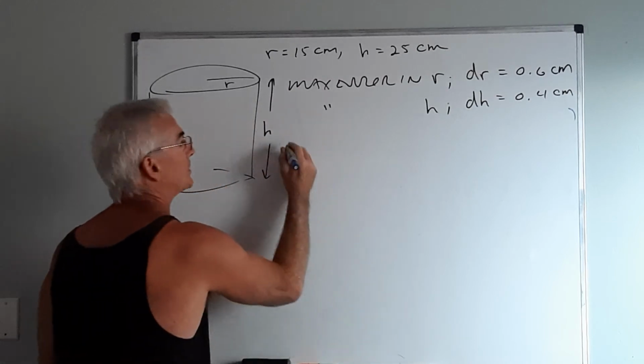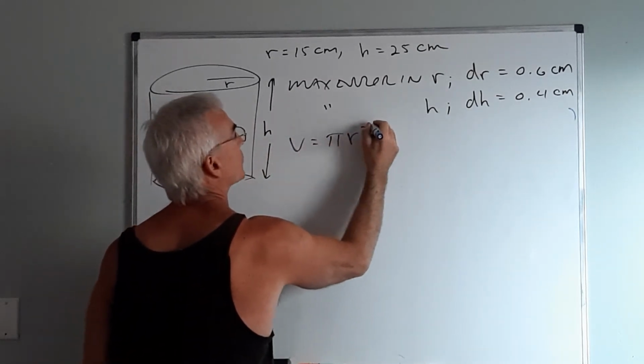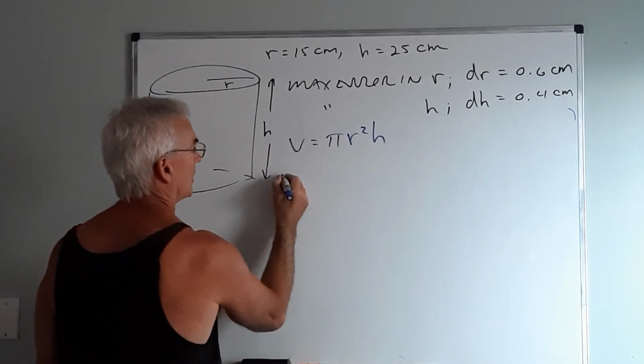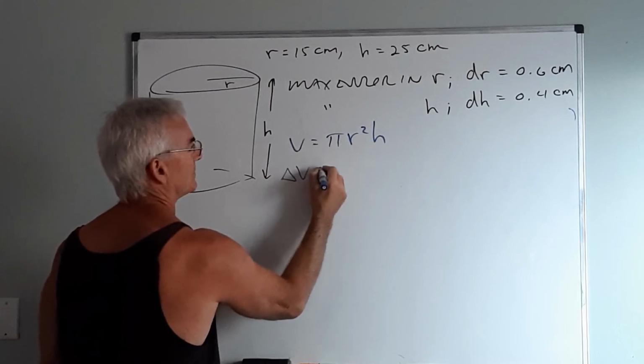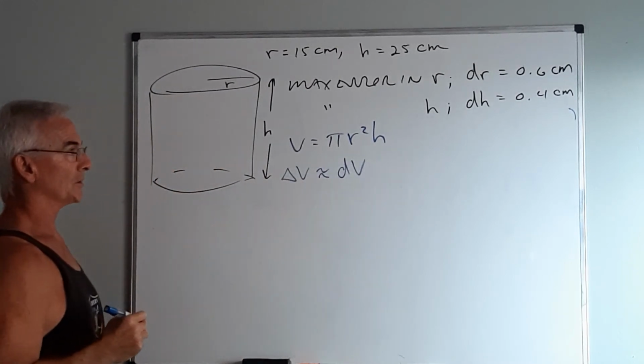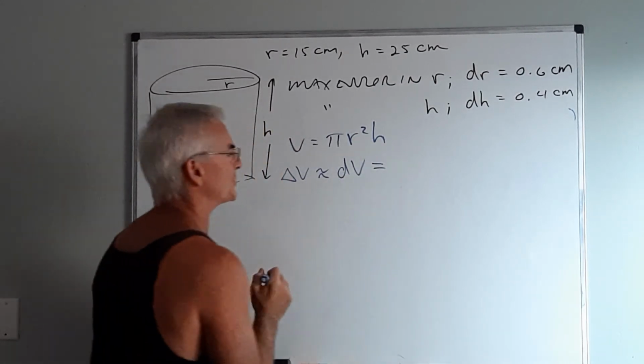Now we know the volume of the circular cylinder is simply pi r squared h. So using the same thing we did before, we would say the actual change in volume will be estimated by the differential change in volume. And just like before, that will involve the derivative. But now which derivative?